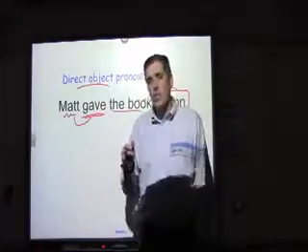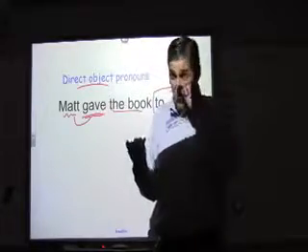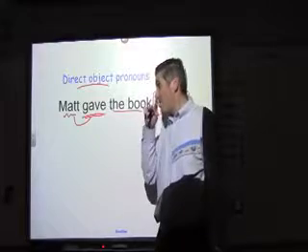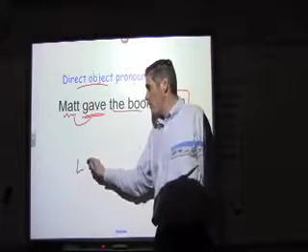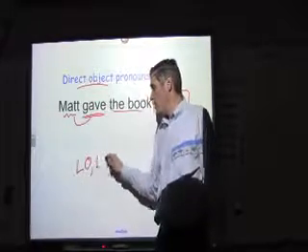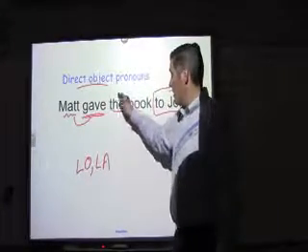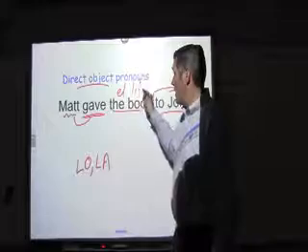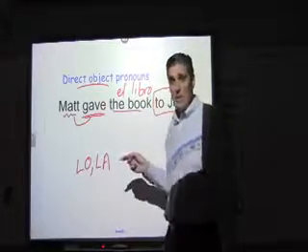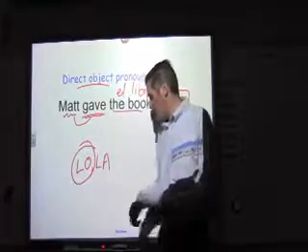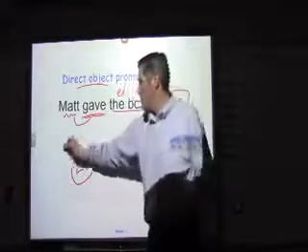Now if I want to change it from a direct object noun, the book, to a direct object pronoun, it, we have two options. In Spanish, there will either be lo or la. Well, obviously, the book, in Spanish, el libro, is masculine, and so it's going to be lo. Okay, lo is our direct object pronoun.